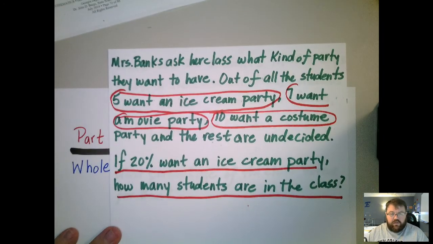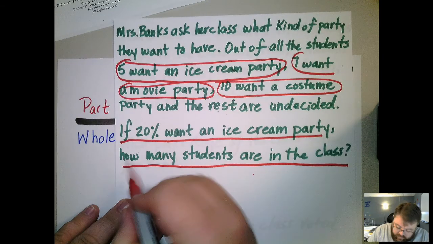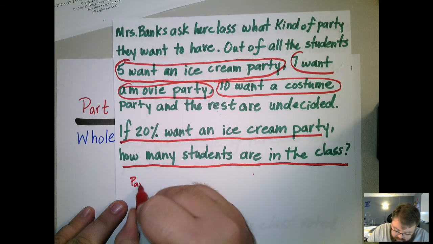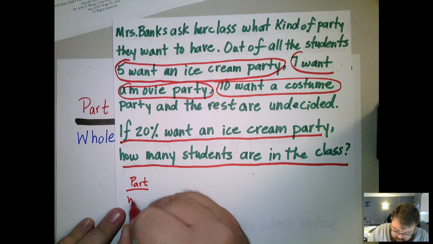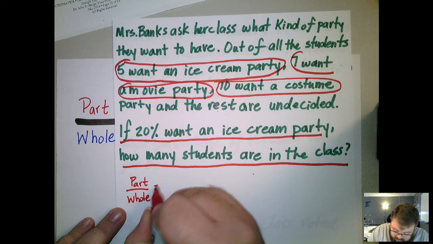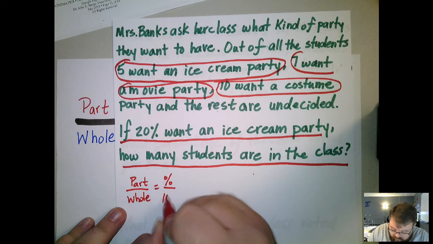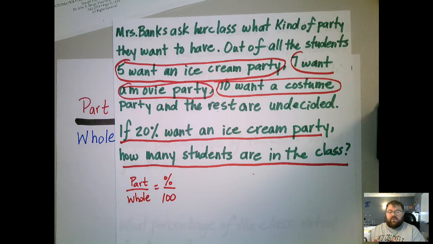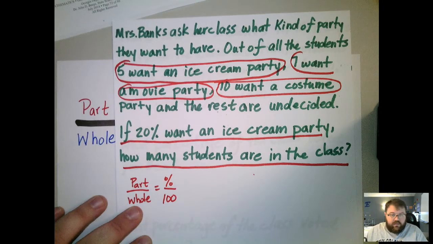Very good question. So let's refocus on part over whole equals percent over 100. Now, I highly recommend you write this simply because you will have it memorized by the end of the unit if you write it. Let's move on.